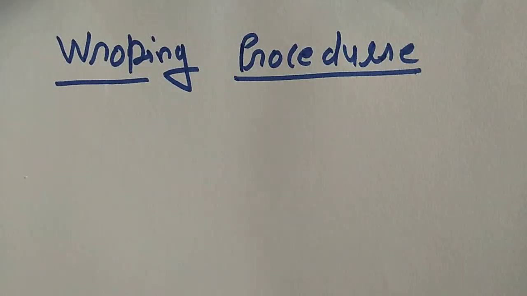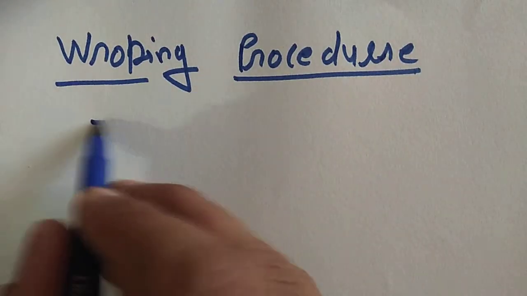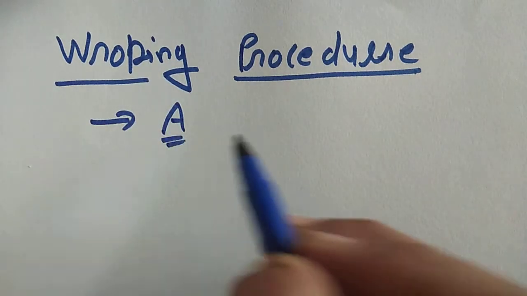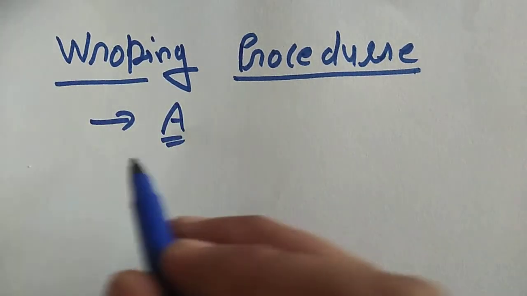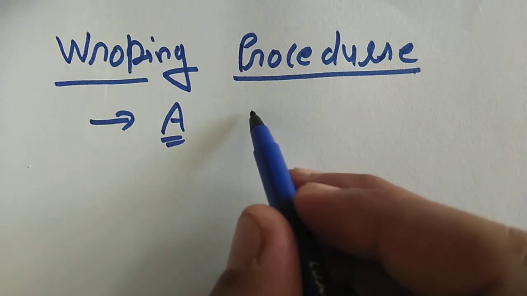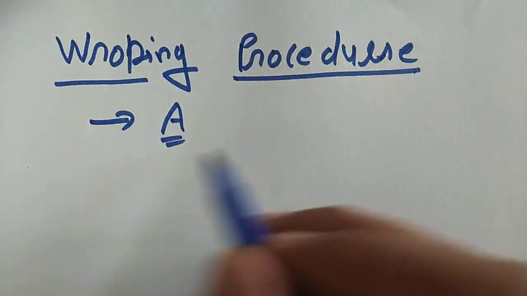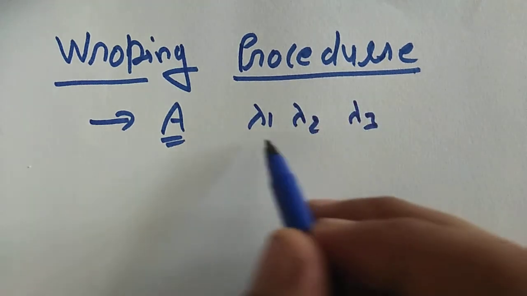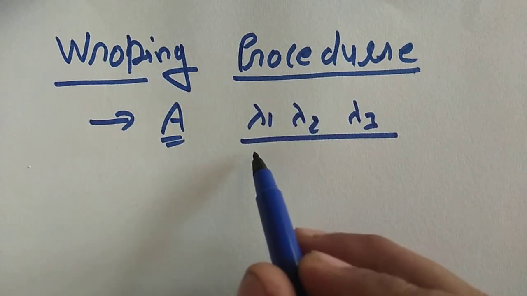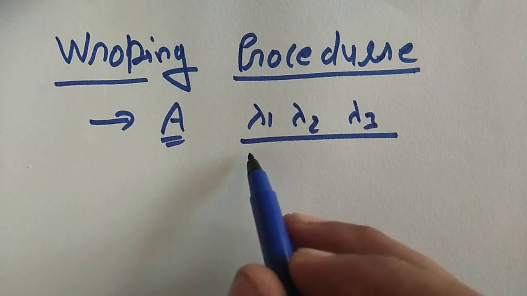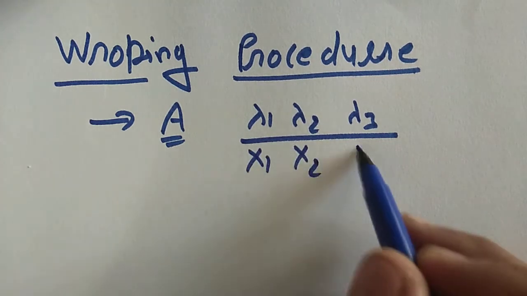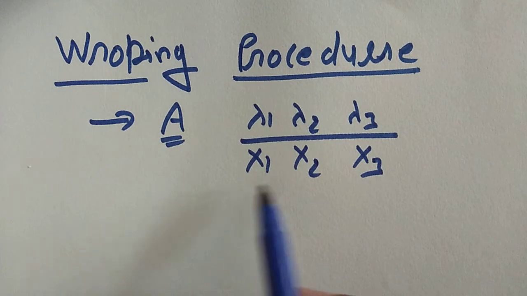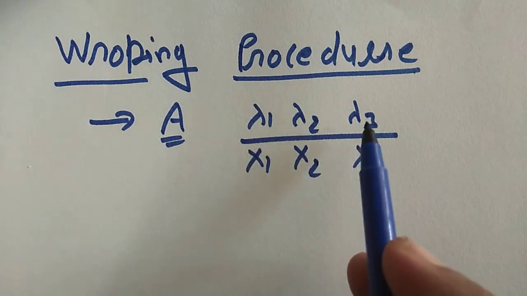The working procedure is, for the given square matrix A, we find the eigenvalues and eigenvectors. Let A be a 3 cross 3 matrix. We find lambda 1, lambda 2, lambda 3 as eigenvalues. Then we find the eigenvectors x1, x2, x3 corresponding to lambda 1, lambda 2, lambda 3.